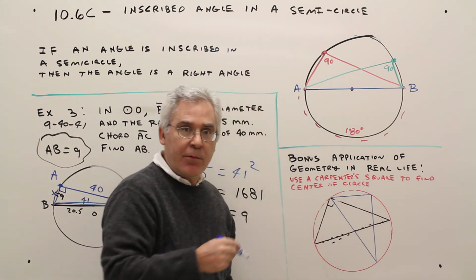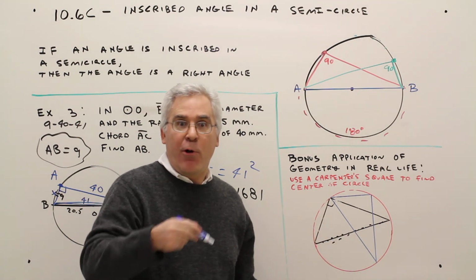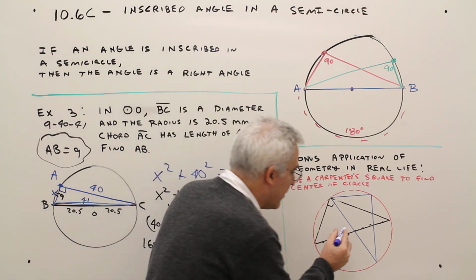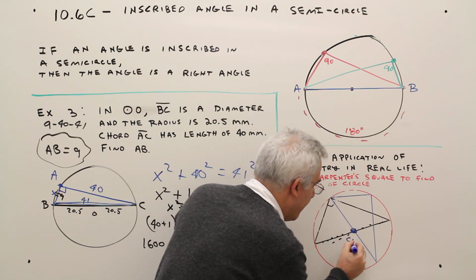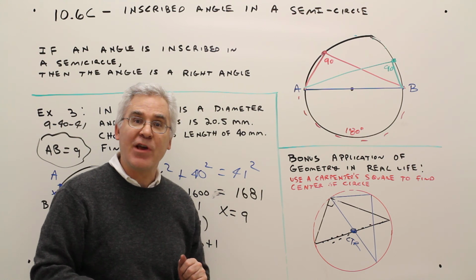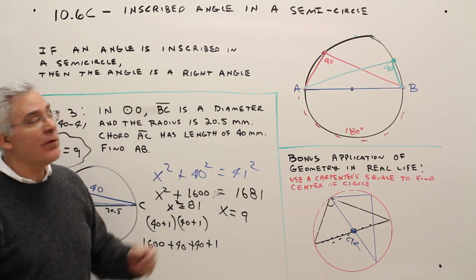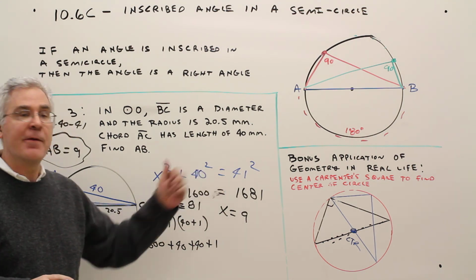Well, if the black chord was a diameter, the blue chord is a diameter, and they both contain the center, that's how you can locate the center. So again, a bonus application of geometry used in real life. So there you have it, inscribed angles in semicircles in math and in life.